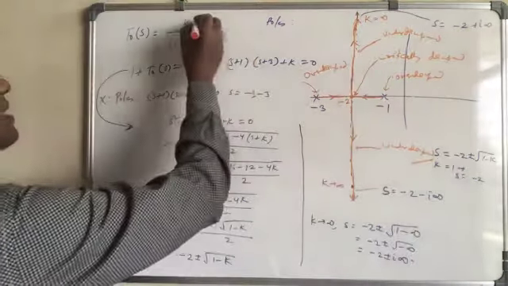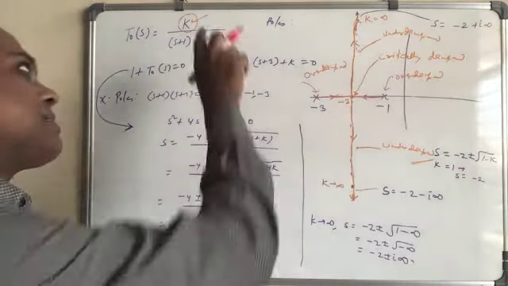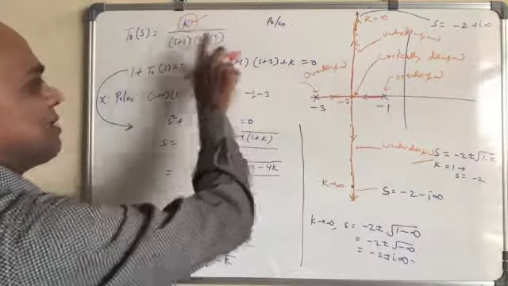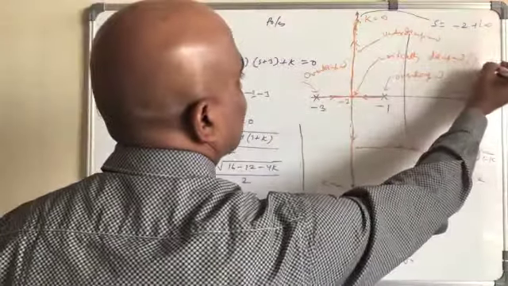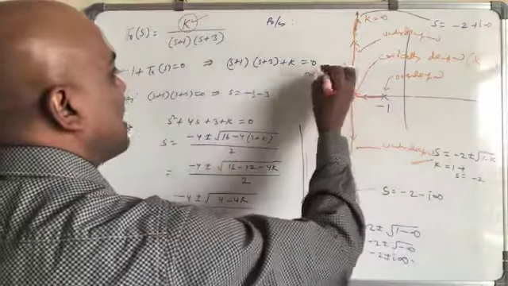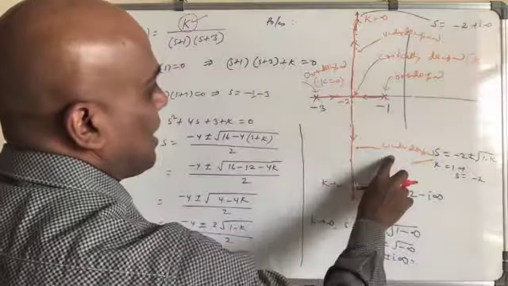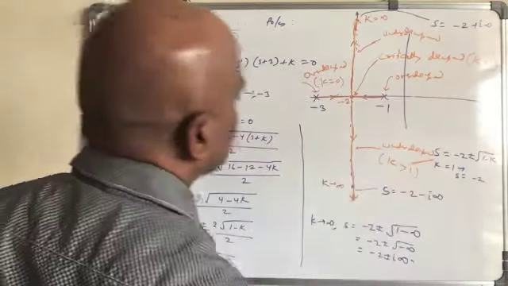See, this k is so crucial. Depending on what you have chosen, k equal to 1 makes it critically damped. Overdamped, k equal to 0. Underdamped, say k greater than 1.